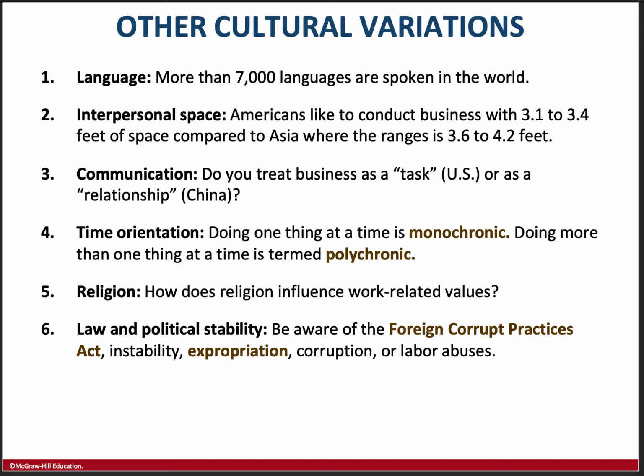And then law and political stability is being aware of the Foreign Corrupt Practices Act, instability, expropriation, and corruption or labor abuses. The Foreign Corrupt Practices Act makes it illegal for employees of U.S. companies to make questionable or dubious contributions to political decision makers in foreign nations.